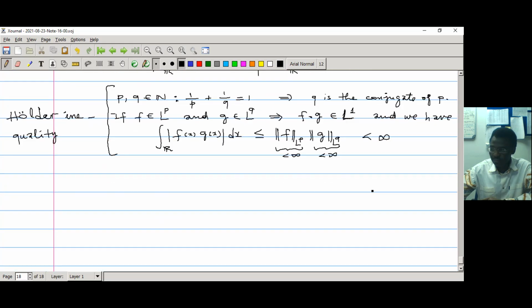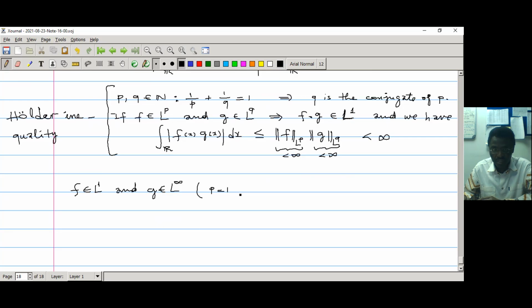So I can just say F being in L1 and G in L infinity, that is, P is equal to 1.